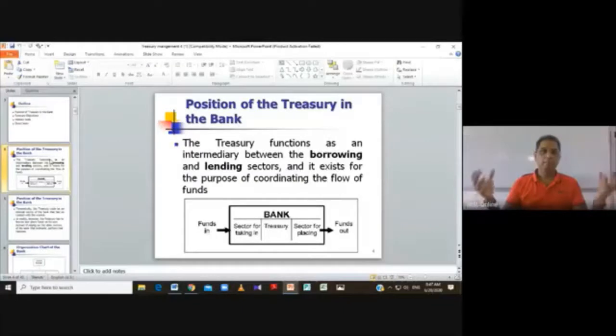There are millions and millions of deposits coming in, and millions of requests coming. So you need specialized people to generate the incoming funds, specialized people to lend the funds, and specialized people to manage the in-between functions of those two areas. So that's where Treasury sits.